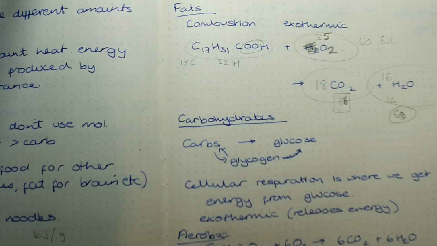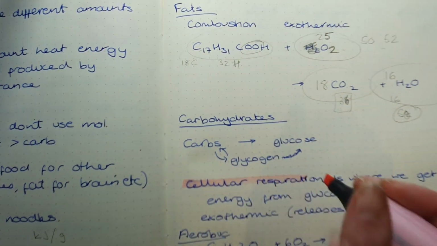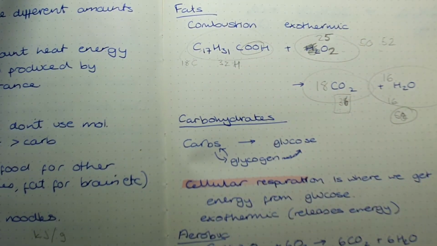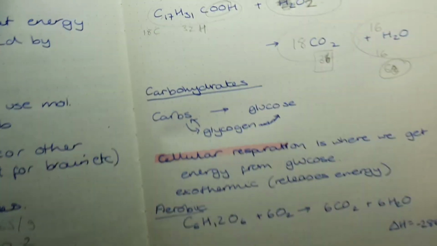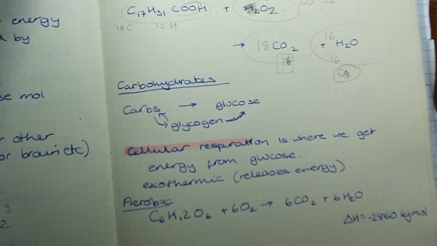We do this in year 10, maybe year 9, and you did in biology, cellular respiration. So when you see cellular respiration, you know that it is an exothermic reaction where we end up with carbon dioxide, water, and lots of energy that we can use.